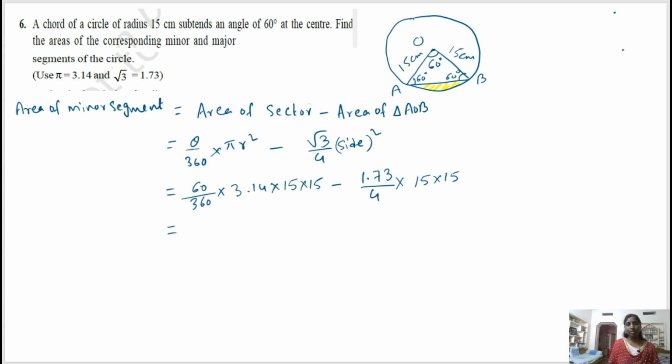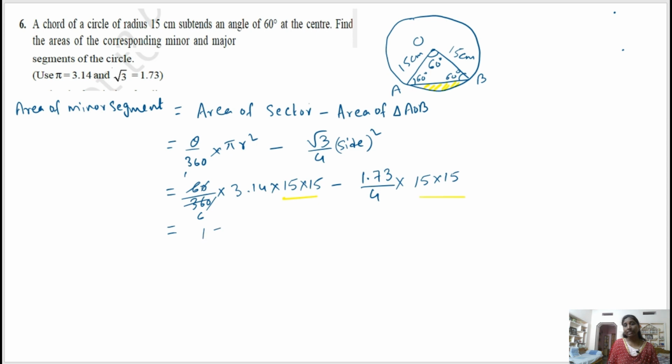Now look carefully. Here we can cancel this 0. Now 6 ones are 6, 6 6 are 36. Now the simplest way to solve this is to see the common numbers in both the terms. Here you can see that 15 into 15 is common in both the terms.